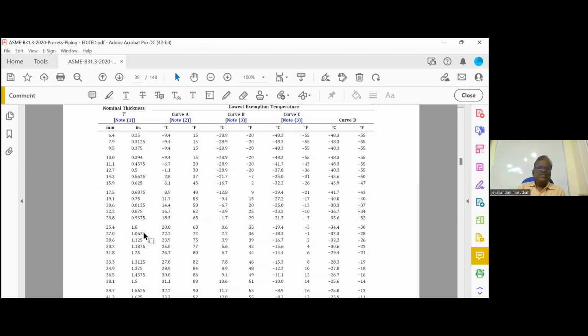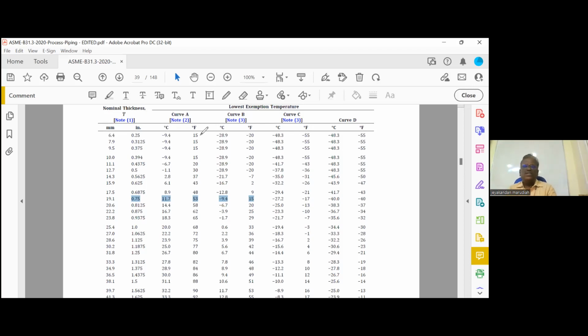You can see inches are there. No, you should not refer there, only this table, curve B. See, this is the thickness, and curve A, curve B are given here. What is the temperature? 15 degrees Fahrenheit, for 0.75 inch, curve B. So this is the way.